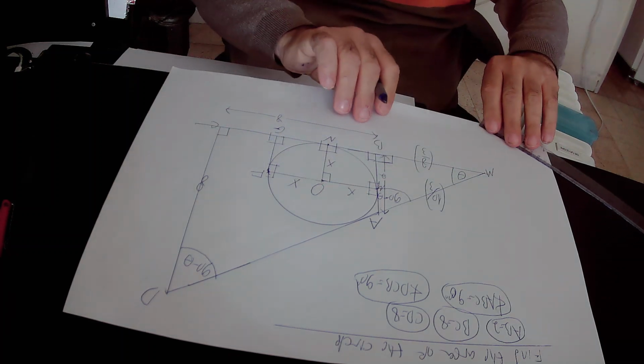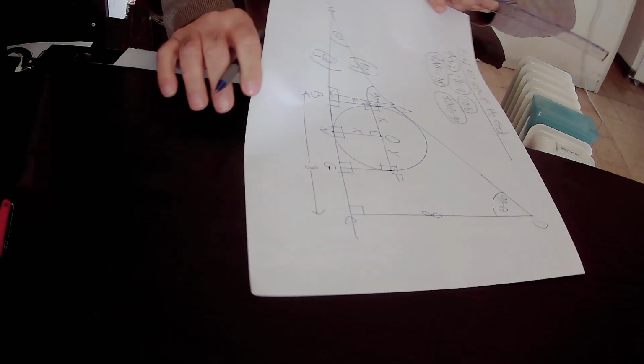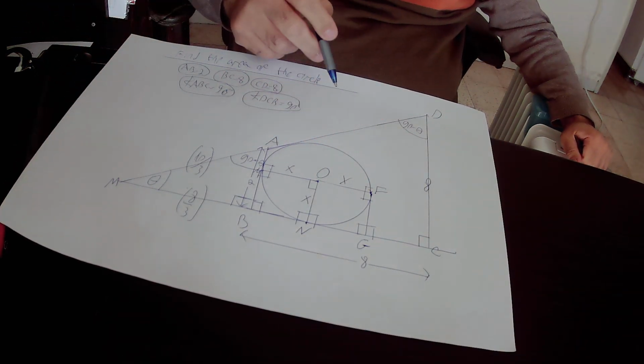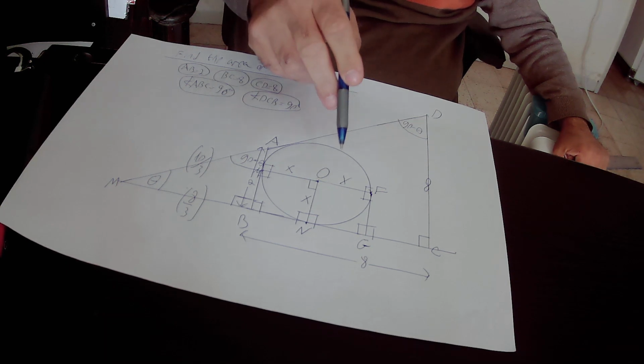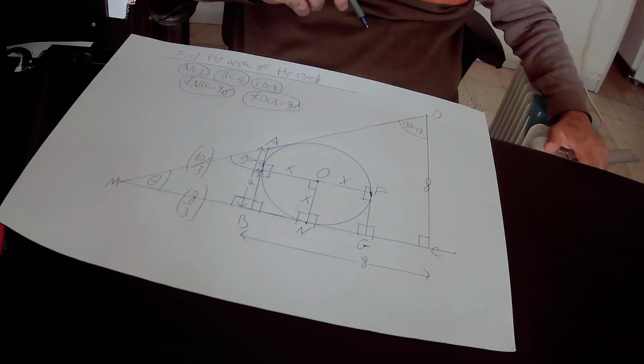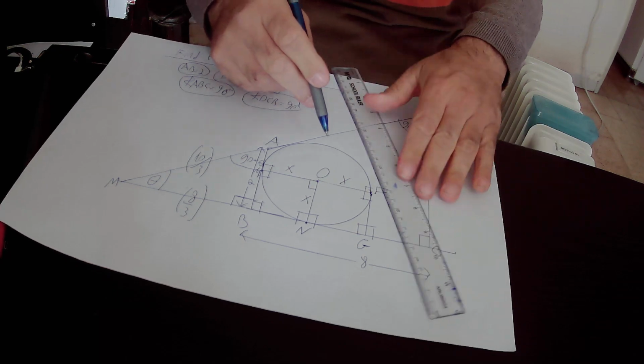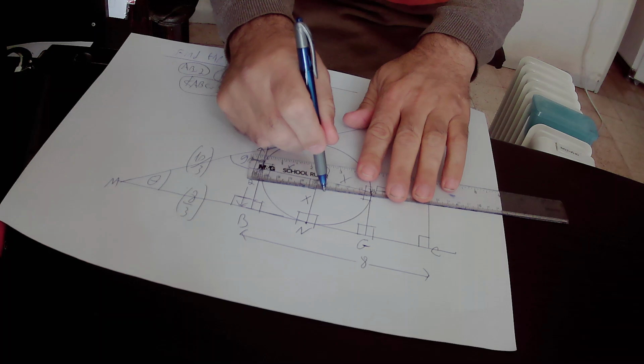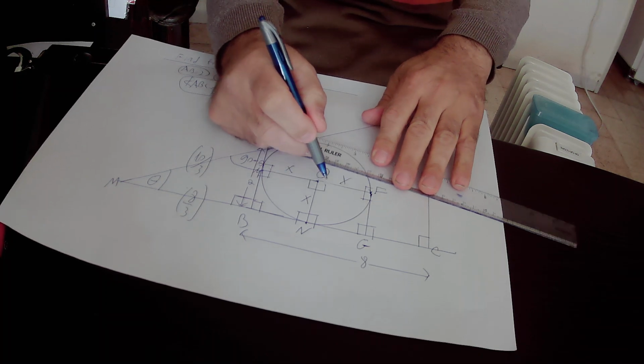So we'll focus on quadrilateral ONGF. In quadrilateral ONGF we have 1, 2, 3 right angles, therefore the fourth angle must also equal 90 degrees according to the rule that the sum of the angles in any quadrilateral is equal to 360 degrees.